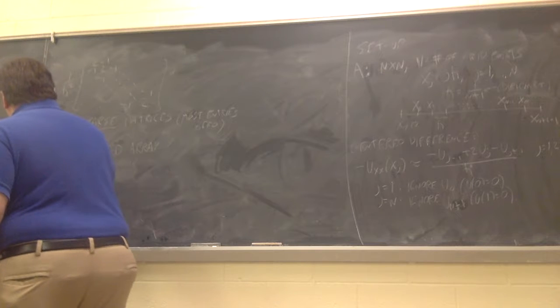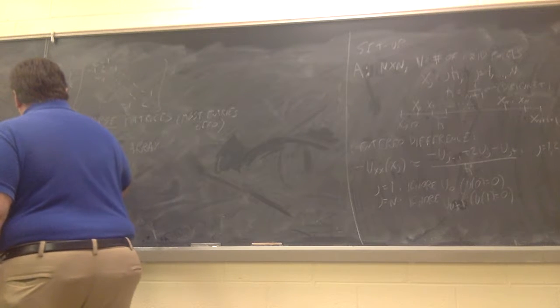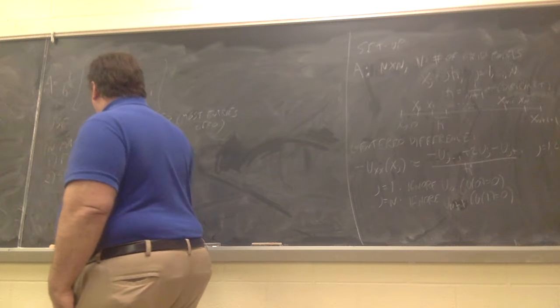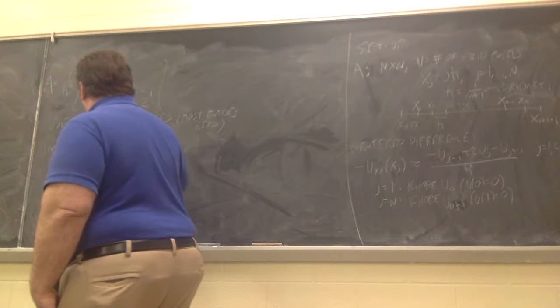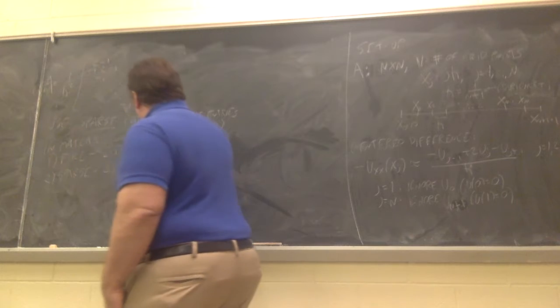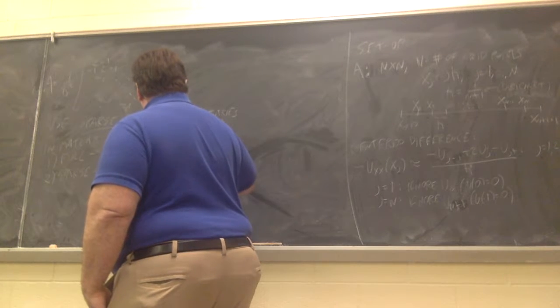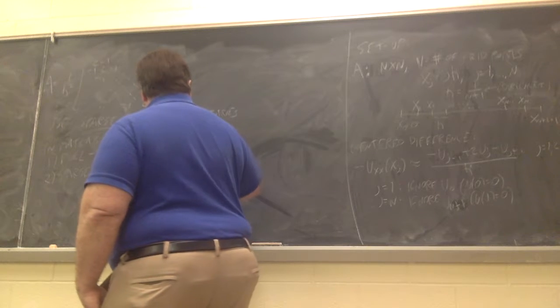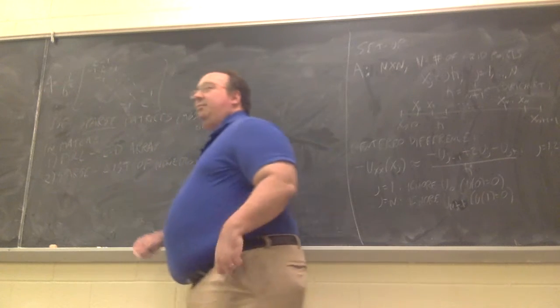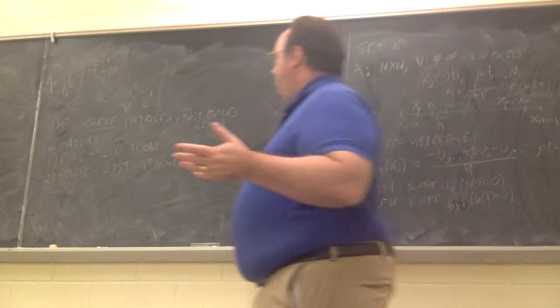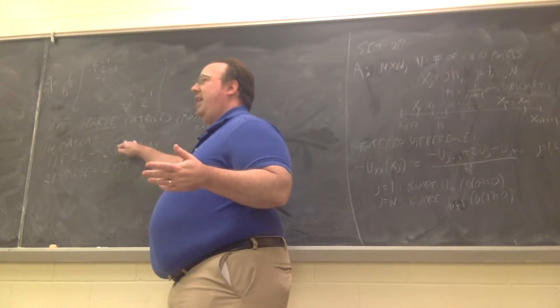So how is a sparse matrix represented in MATLAB? It's a list of non-zero entries. In fact, if you have a matrix that was sparse and you printed it out, it wouldn't show up as a nice 2D array like these.